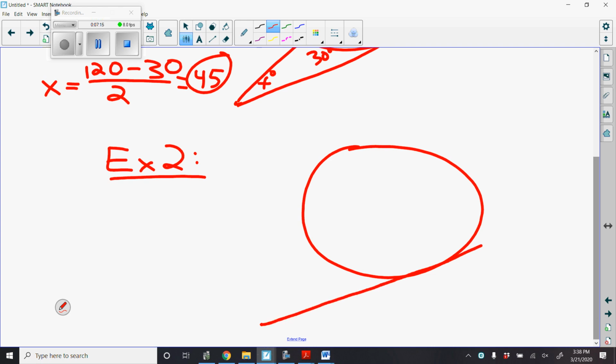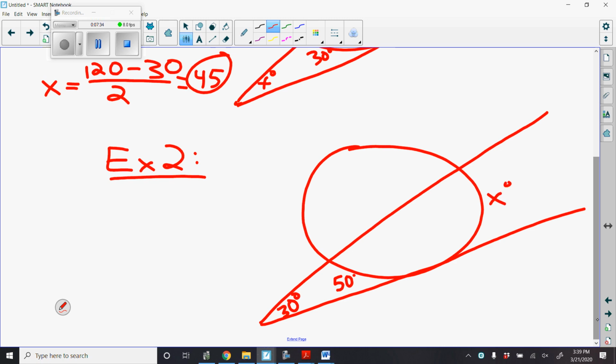Take a look at another one. And here's my tangent line. Here's my secant line. This time I'm going to tell you the angle is 30 degrees. I'm going to tell you the little bend is 50 degrees. I'm going to ask you to find that big bend. So when we see this, we follow the same formula, but my unknown isn't the angle this time.